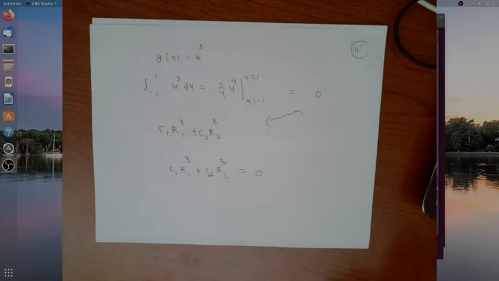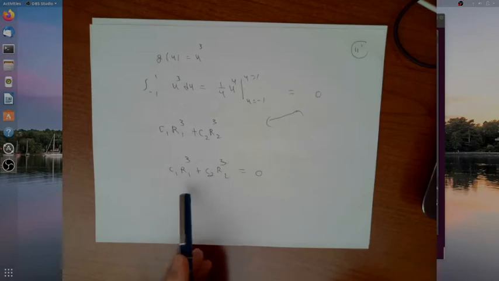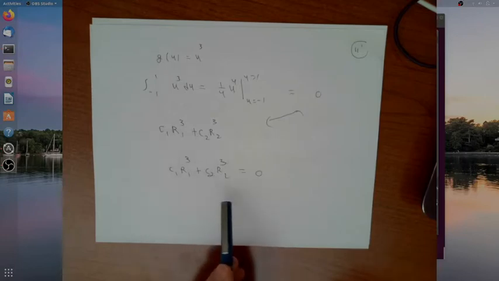If I want the cubic term to be integrated exactly by my approximation scheme, it'll be necessary that c1r1 cubed plus c2r2 cubed be 0.